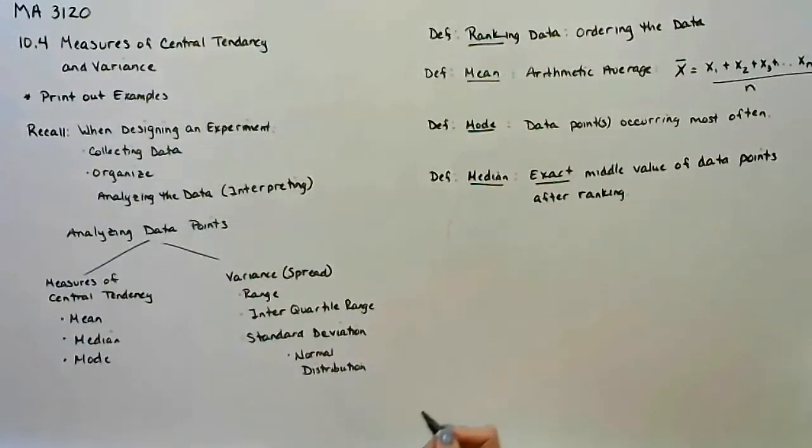Now we're going to take a look at if there's an odd number of data points or an even number of data points. It's got to be the exact middle one. Sometimes you might have to average the two middle terms to find it, but that's what we're going to look at. So let's first take a look at example number 1 that I gave you.